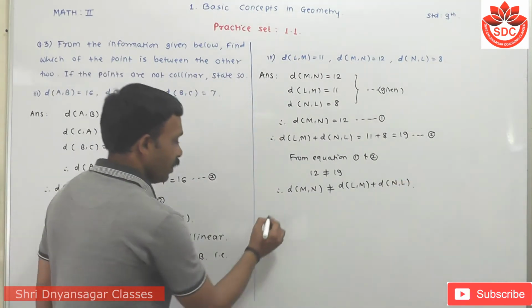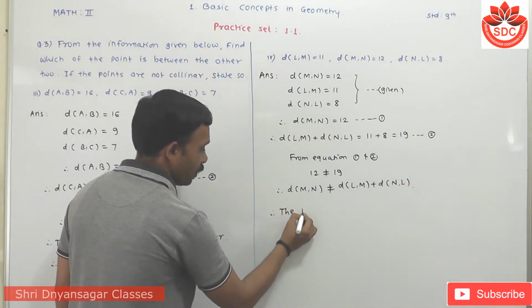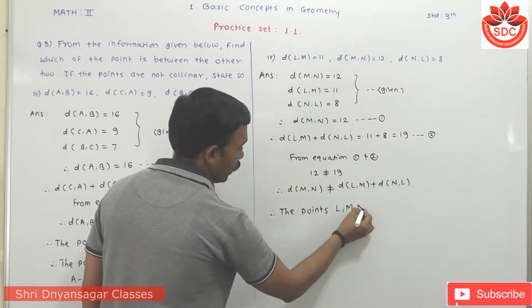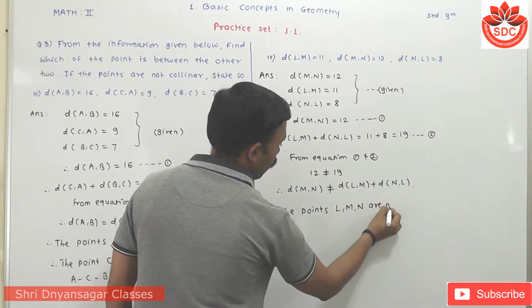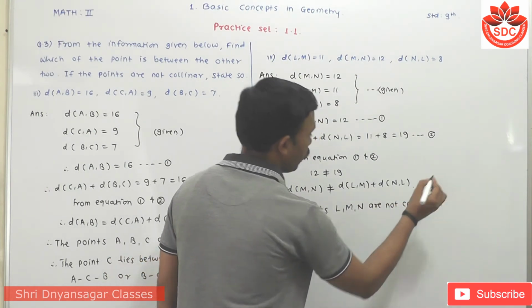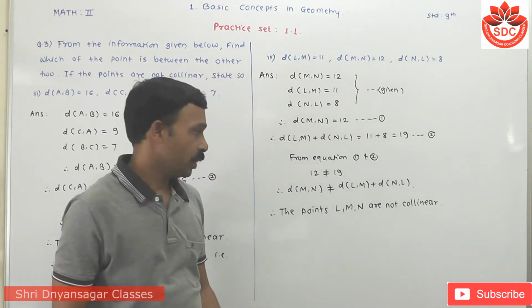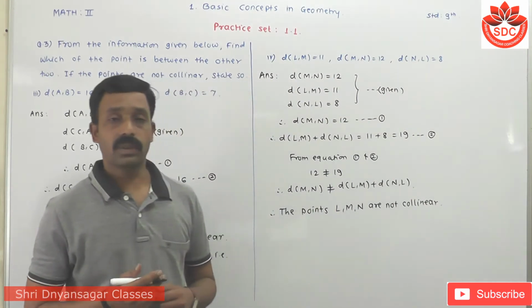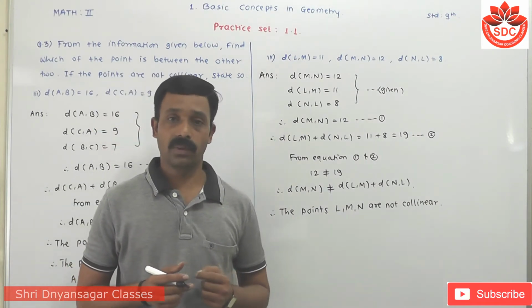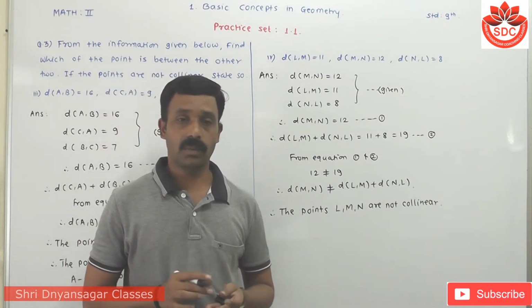Therefore, the points L, M, N are not collinear, or non-collinear. Now students, the next questions, sub-questions number 5 and 6, you have to solve at home. We take the next question, number 4.